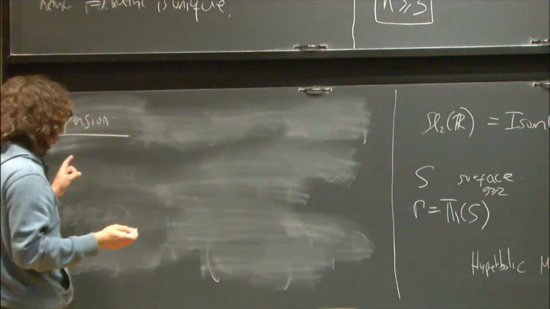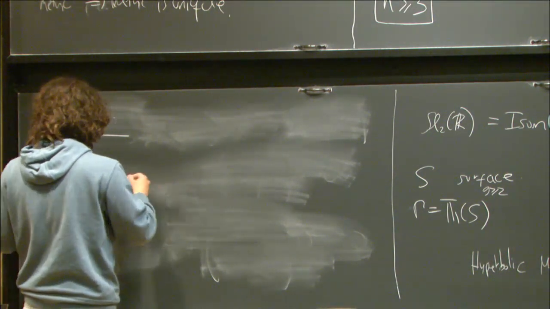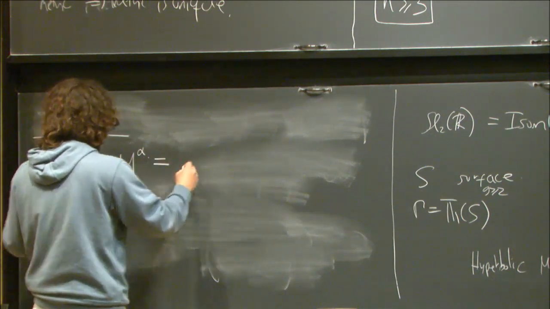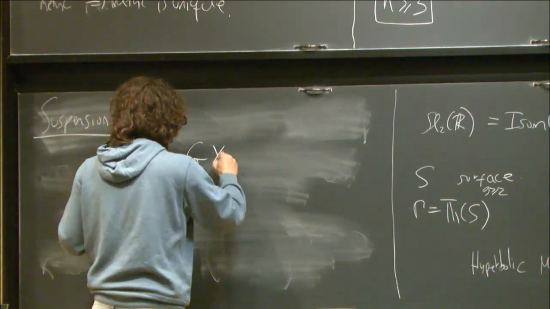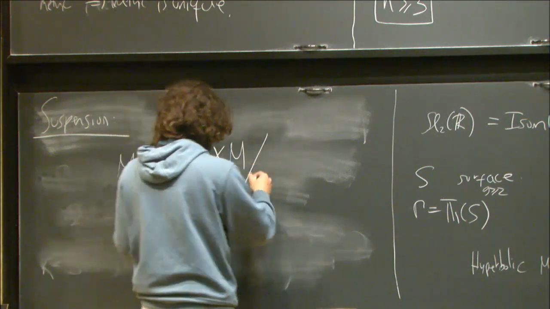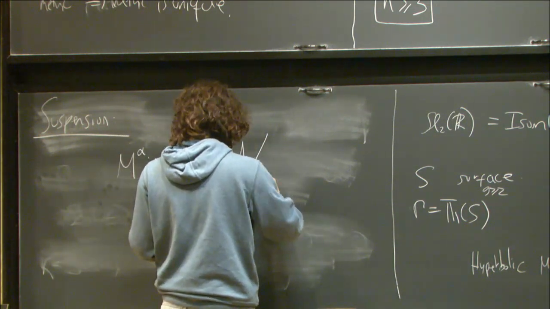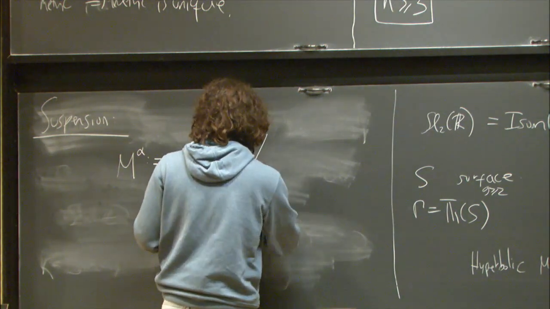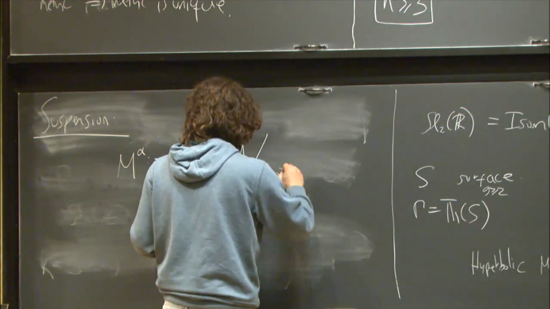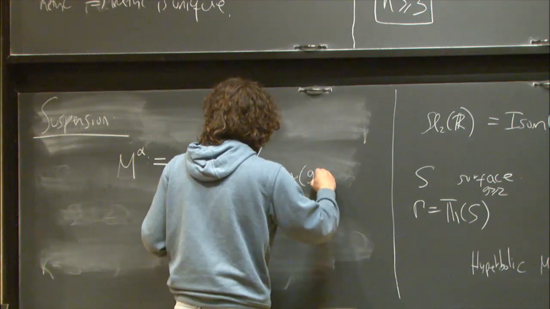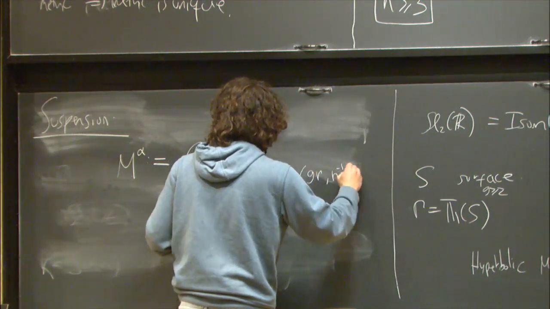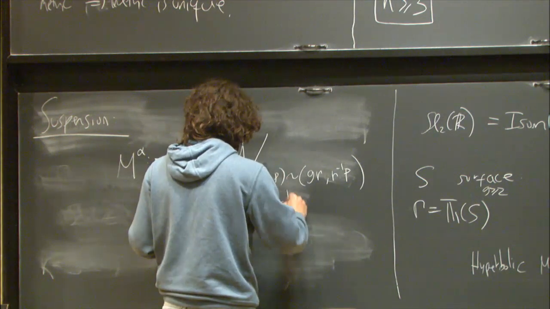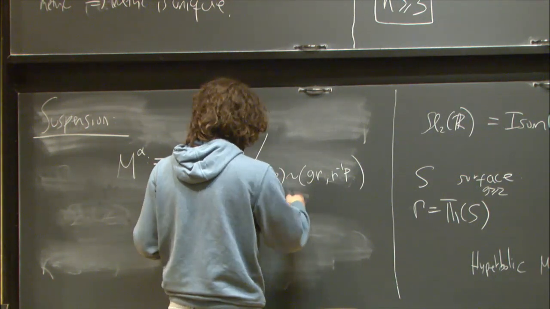The suspension is going to be the manifold G cross M modulo Gamma, where Gamma is my lattice.